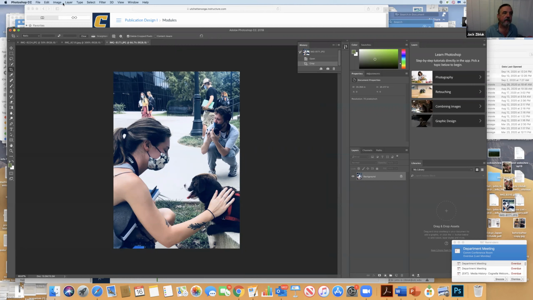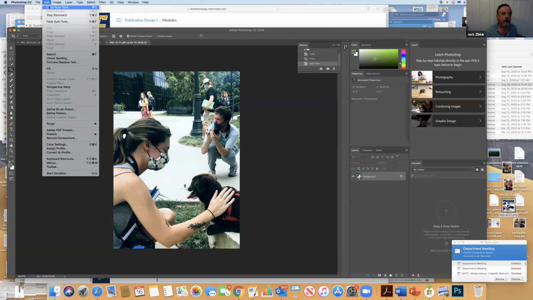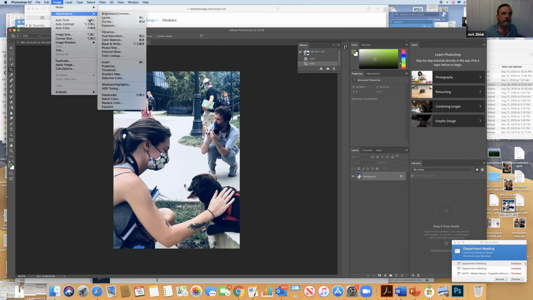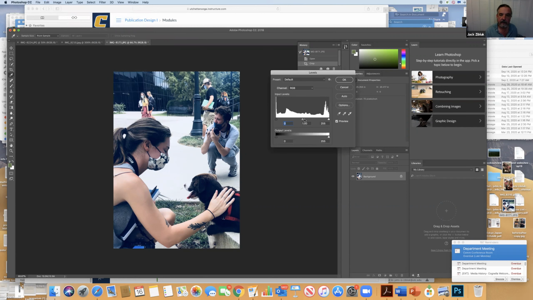Then there are things we can do, because it's what I would call a little flat. See, auto tone, which I know Mr. Weeks hates, but sometimes it works okay. But you could also do levels and curves.